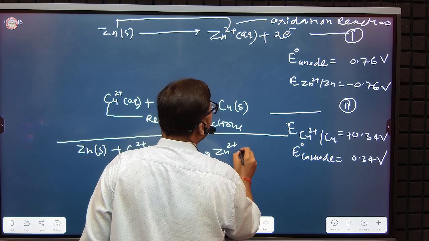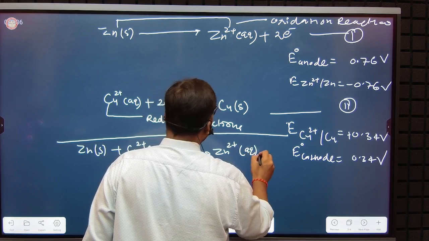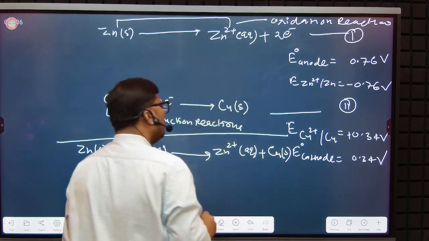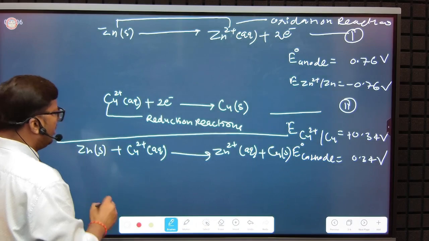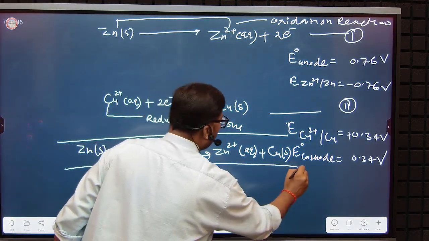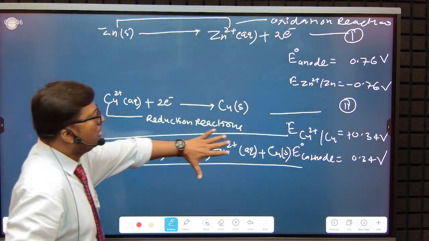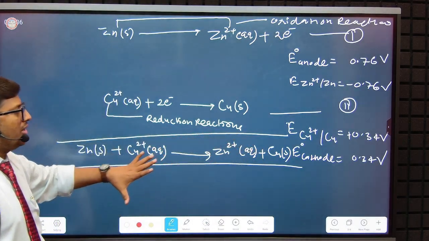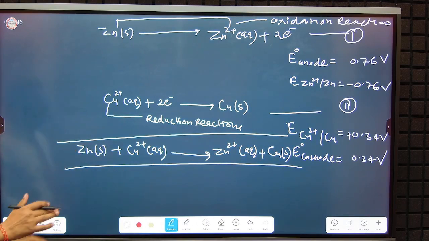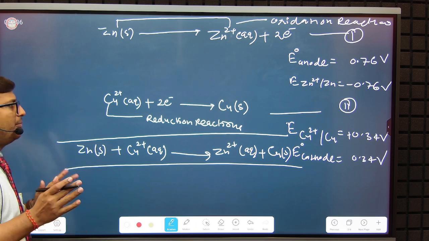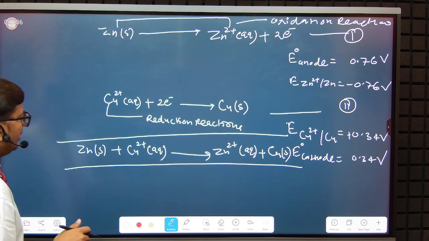Zn2+ aqueous plus copper solid, right? So look at this particular redox reaction. Overall, this is your redox reaction occurring in an electrochemical cell, and the electrochemical cell is nothing but the zinc copper galvanic cell, right?